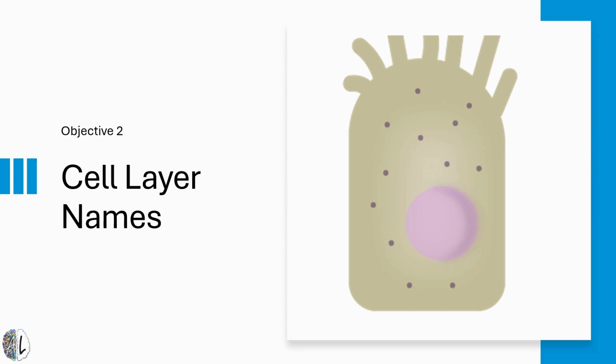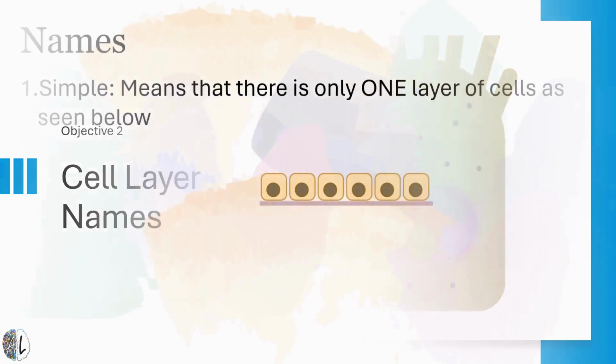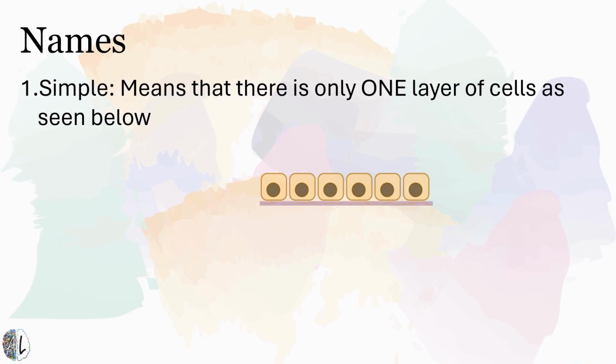All right, next, let's talk about layers. And there are some particular terms that we use to describe the layers of the epithelium. If your epithelial type contains the word simple inside of the word, what we're talking about here is just one layer of cells.